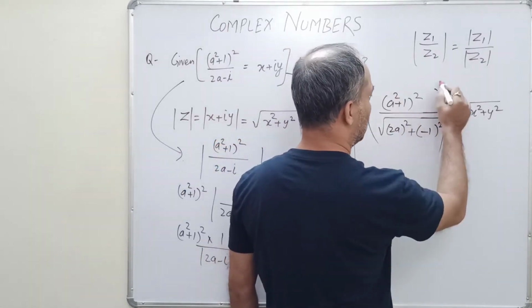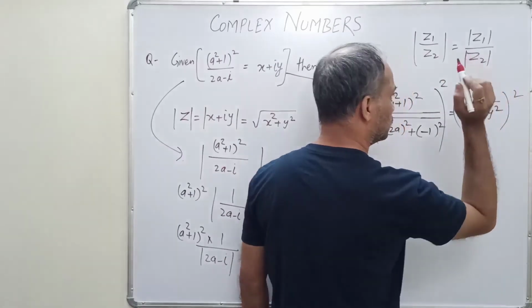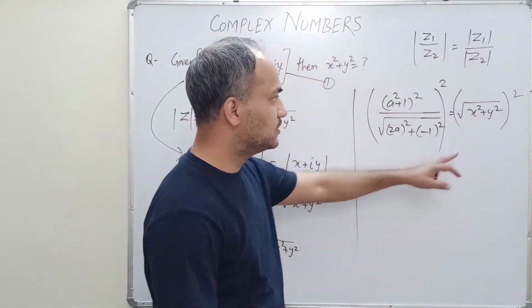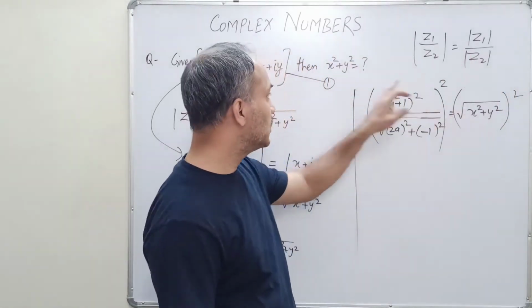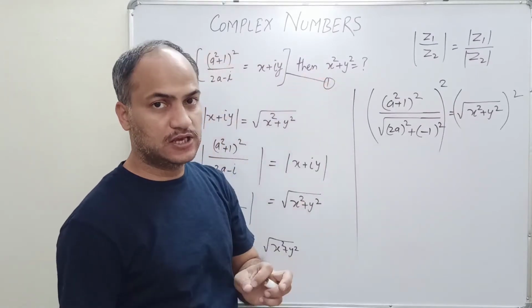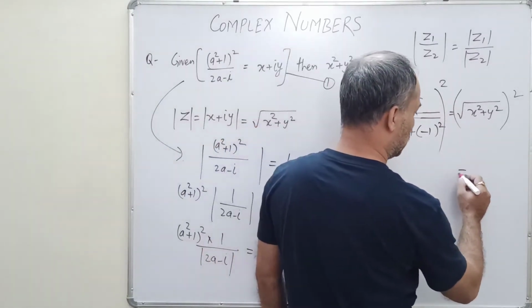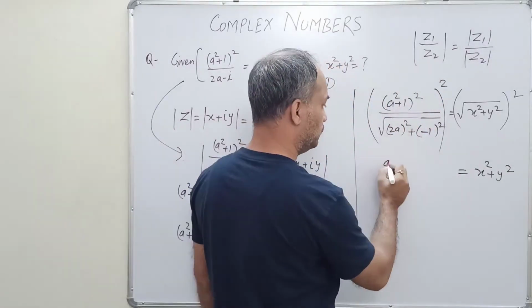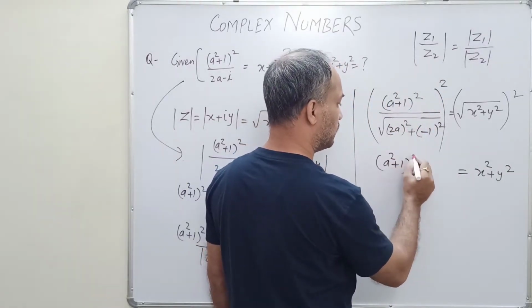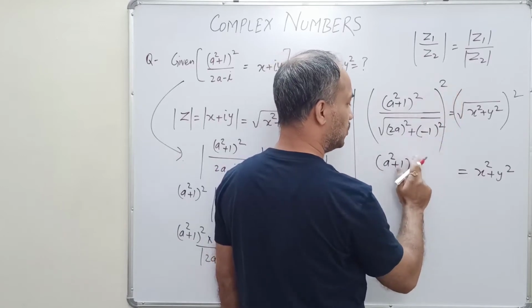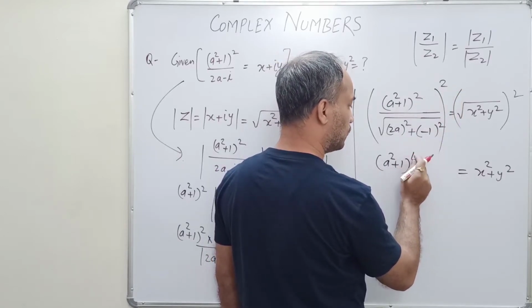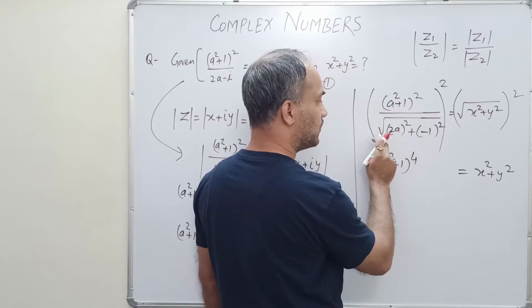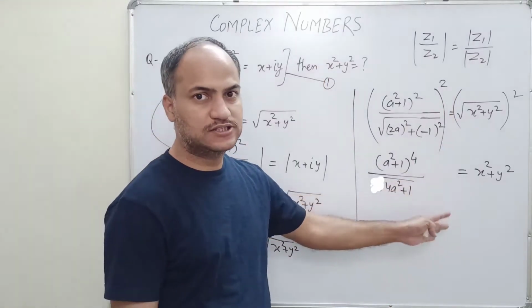So squaring both sides, what we get? This side we will get x square plus y square, and this is the required thing. So x square plus y square is equal to (a square plus 1) power 2 already there, and power 2 again means this will become power 4, upon 4a square plus 1. This is our required answer.